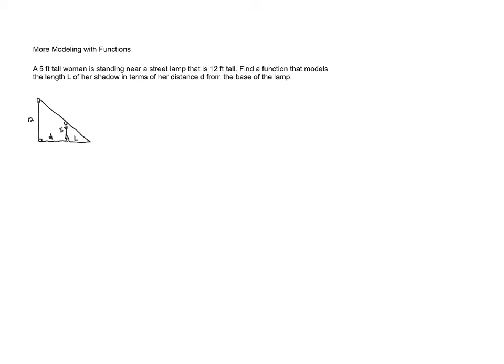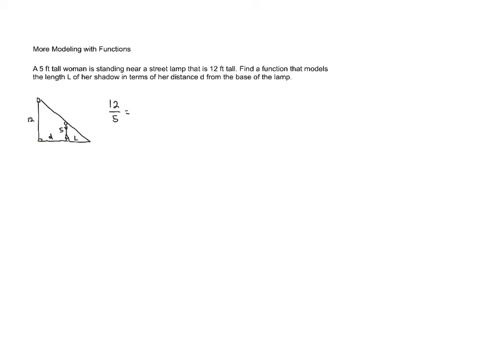Now, the relationship that is going to occur here is going to be that of similar triangles. This large triangle is similar to the smaller triangle that the woman and her shadow make. And when we have similar triangles, the corresponding sides are proportional in length. So if we look at the heights of these triangles, the ratio of those, 12 to 5, is going to be proportional to the ratio of the bases.